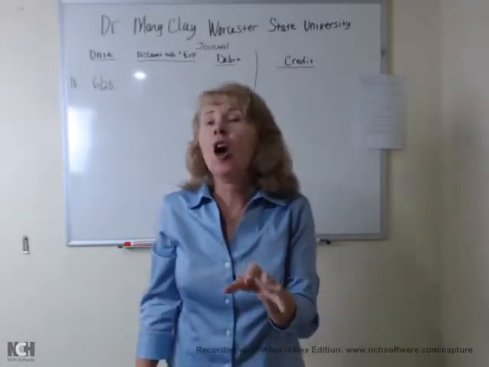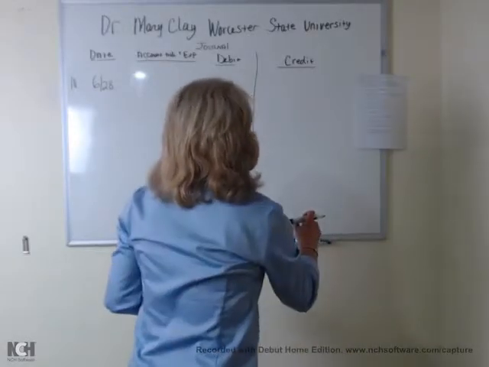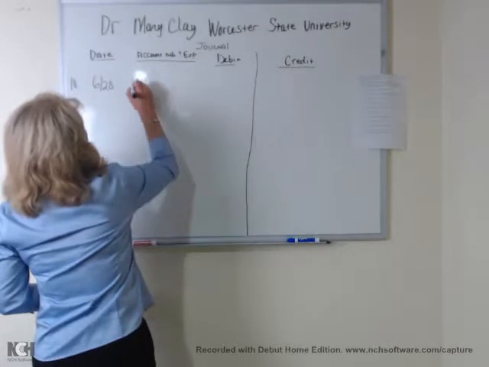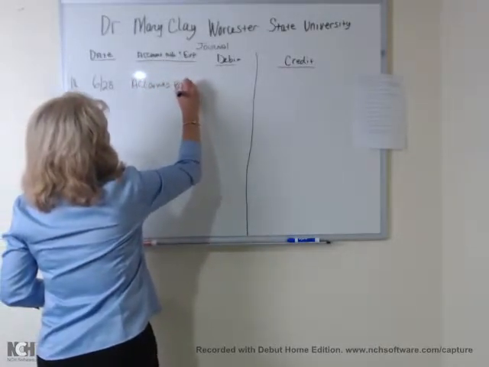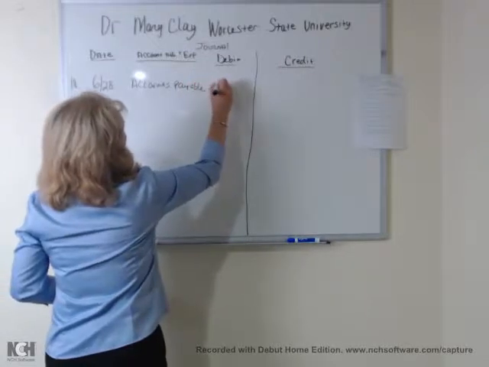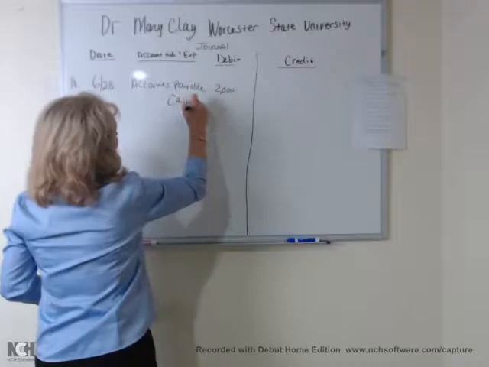We're not paying it all off. We're only paying some of it. Okay? All right, so you will debit accounts payable. And then you'll credit cash, $2,000.